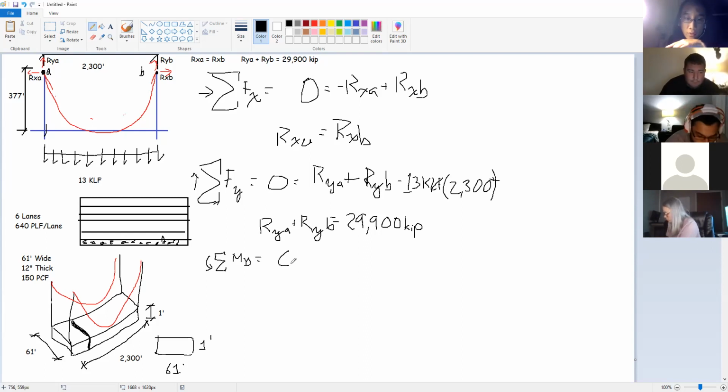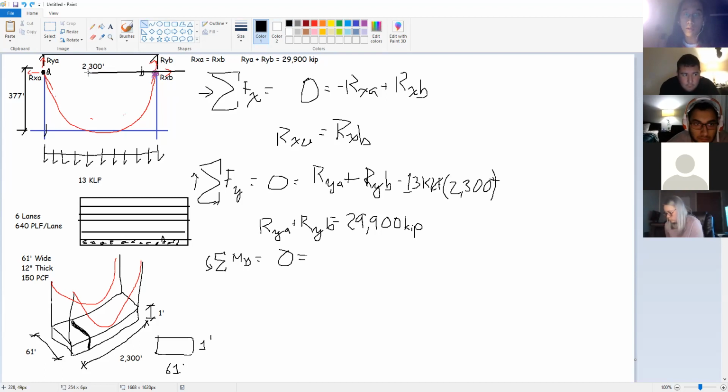Okay. All right, 0. So we have 5 forces. We have RXA, RYA, RYB, RXB, and this 13 KLF right here, correct? So we're taking the moments at this point right here, B. This is pretty easy, honestly. You see this RYB vector going straight through B, distance of 0.